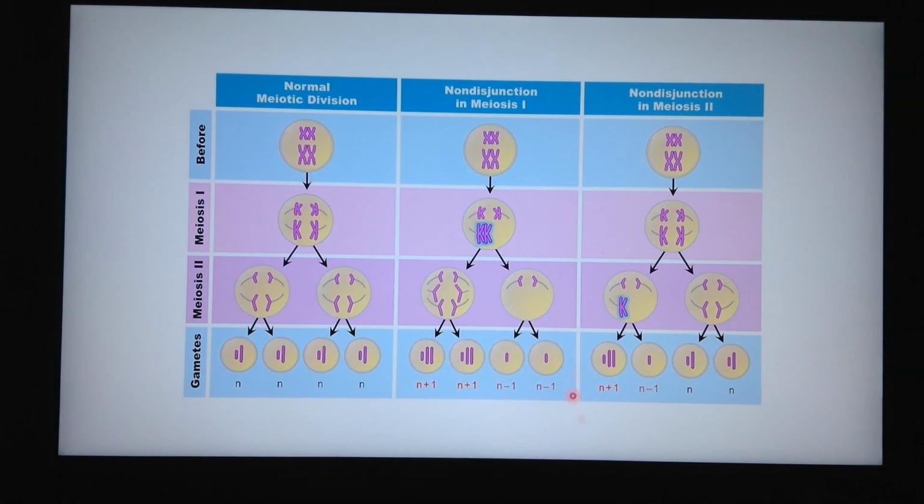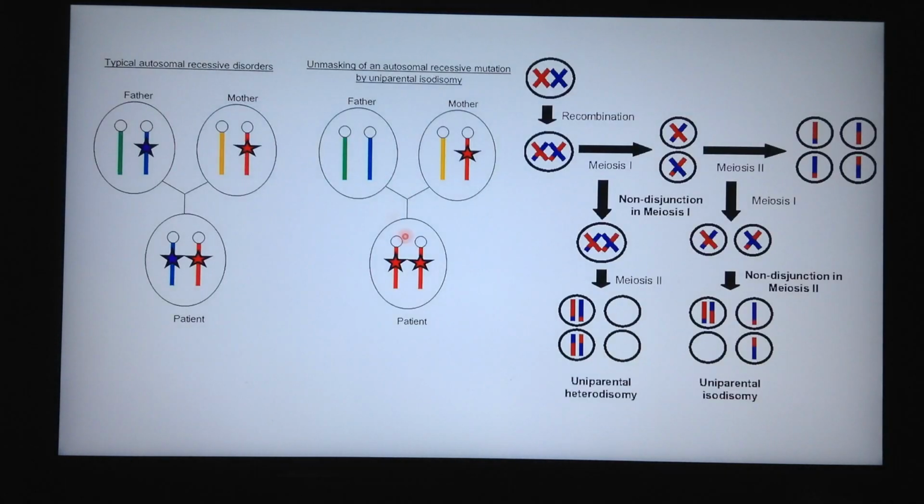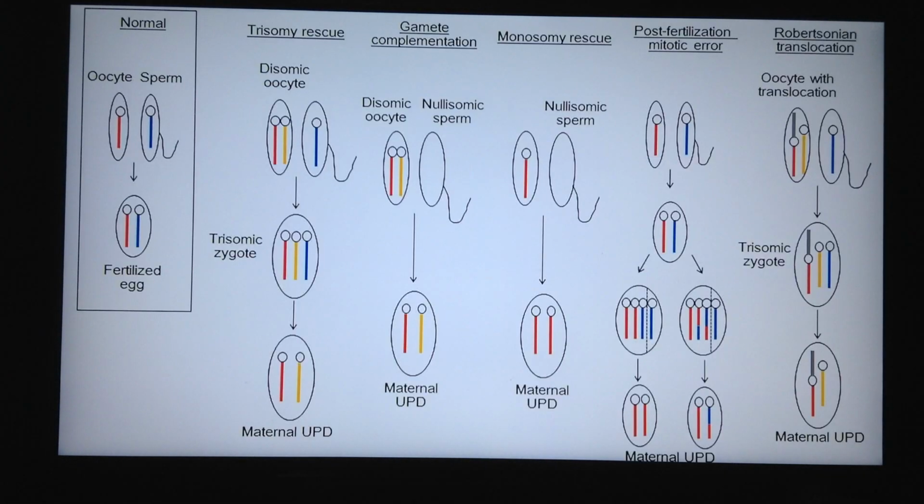As we can see here in this figure, this is again the same thing. Here we can see a normal oocyte and normal sperm resulting in the formation of a healthy zygote. In trisomy rescue, a disomic oocyte fuses with a normal sperm. Now this becomes a trisomic zygote.